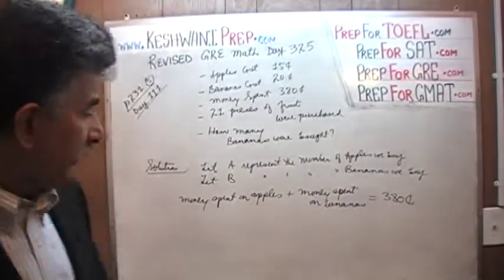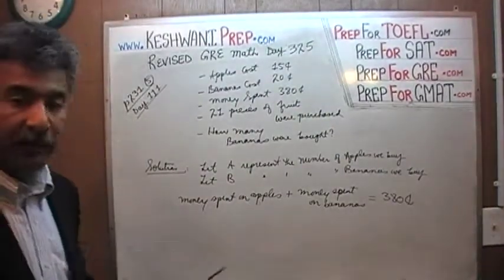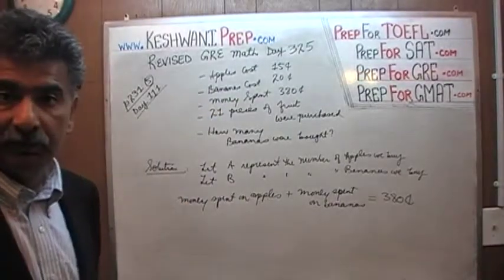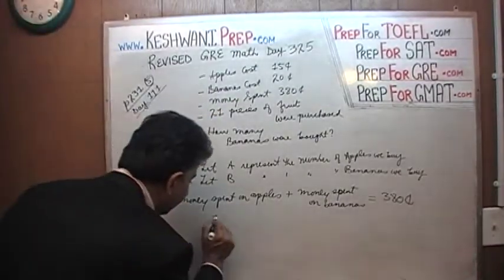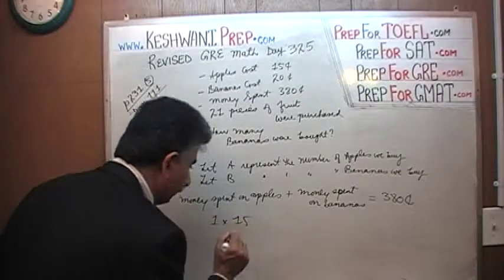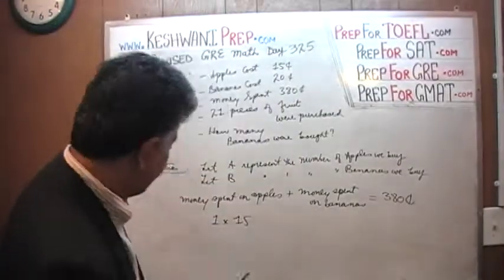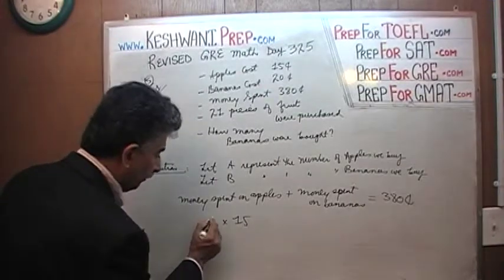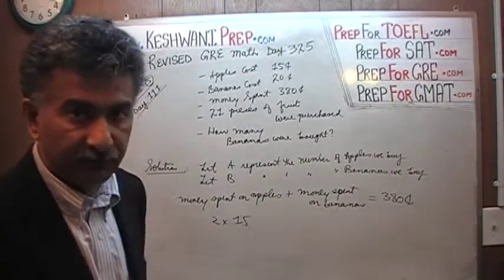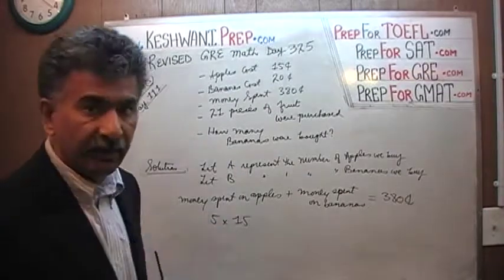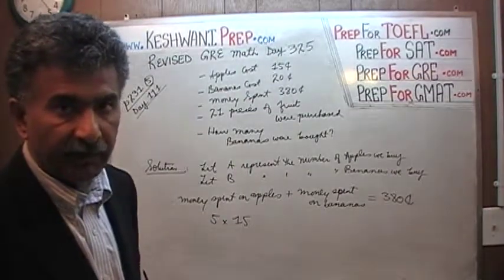So the question is, how do we represent the money that we're going to spend on apples? Well, apples cost 15 cents. If we buy one apple, we're going to spend 1 times 15 cents. If we buy 2 apples, we pay 2 times 15 cents. If we buy 5 apples, we pay 5 times 15 cents.